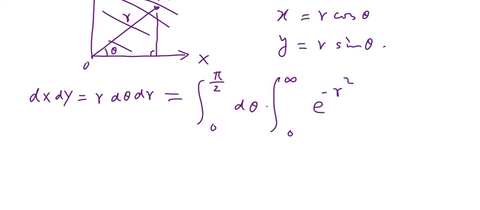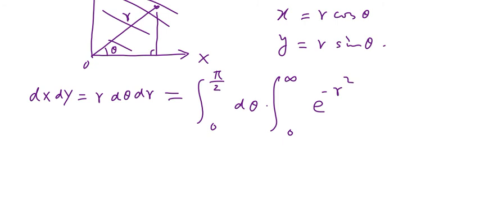This is like the one-variable case, the same thing. If you are familiar with one variable: before we had dx, now we want to change it to dt, so we need to multiply by dx over dt, this derivative.